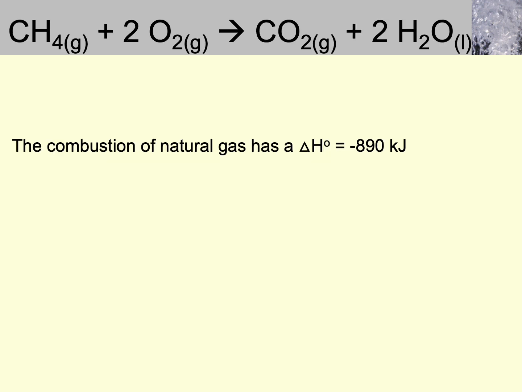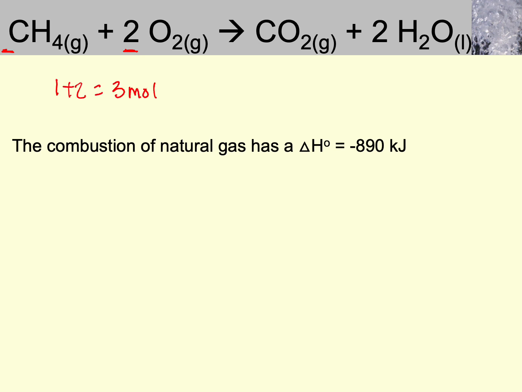Another example here, the combustion of natural gas has a delta H around negative 890 joules. So we want to look at what's happening with the spontaneity here. The thing that we can look at is how many moles of gas are on each side. Over here we have 1 plus 2, that gives us 3 moles of gas.